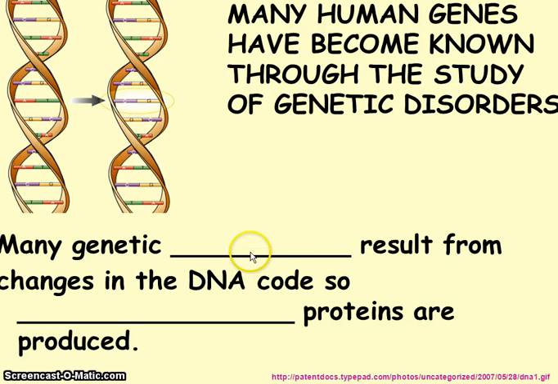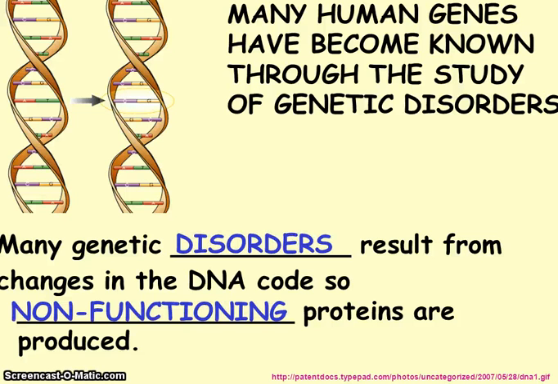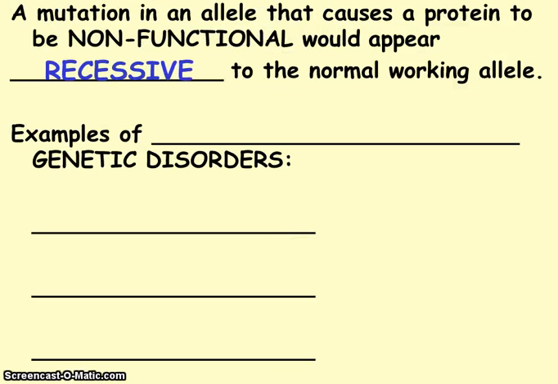We've learned a lot about human genes through studying diseases. Many genetic disorders result from changes in the DNA so that non-functioning proteins are produced. The mutation that causes a protein to be non-functional is usually recessive. There are a lot of genetic disorders that are autosomal, so regular chromosomes, not your sex chromosome.